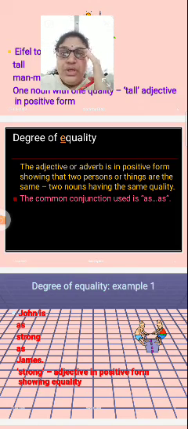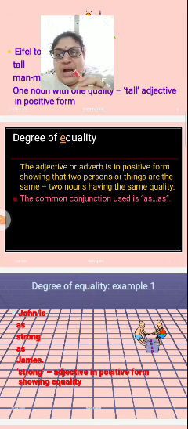So the adjective or adverb is in positive form, showing that two persons or two things are the same, two nouns having the same quality.